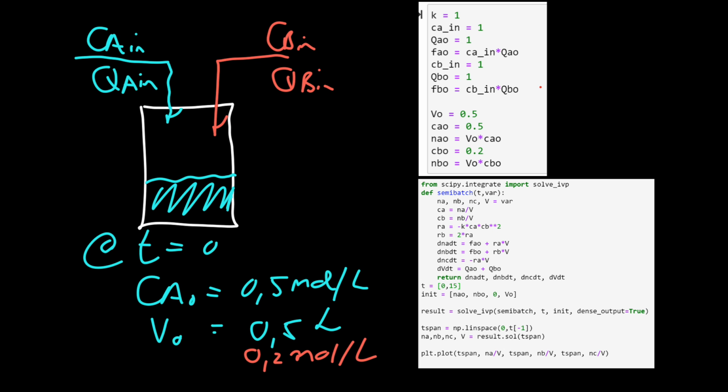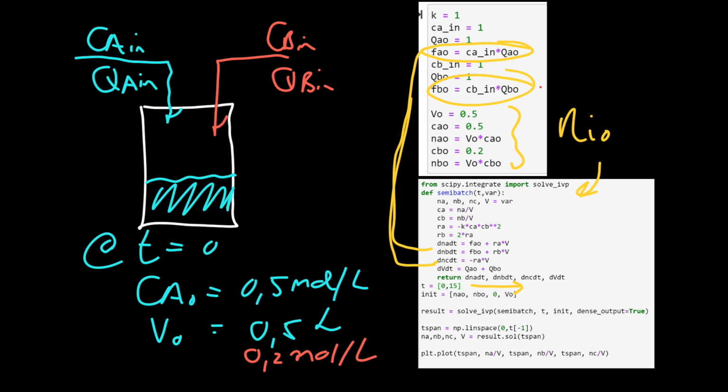I'm going to use solve IVP to integrate over time. I've got a specified time horizon which I need to give in a list, and I calculate my inlet molar flow rate so that I can use them in my mole balances. And I also calculate my initial values, which will be true at time 0, that I can use to initiate my integration procedure.